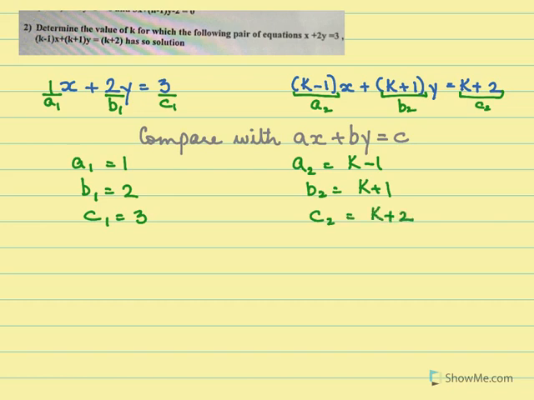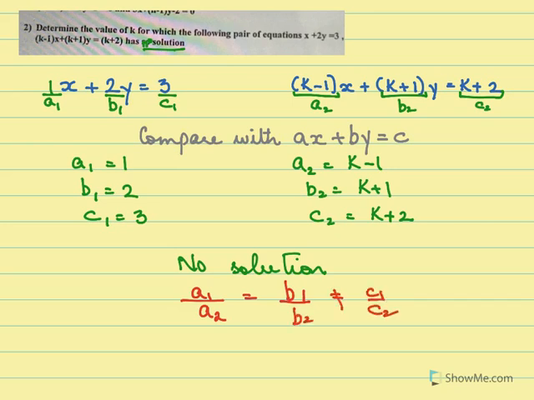The condition is that there are no solutions. I think they just may have made a mistake, so I think it is no solutions. So for no solutions, we know our condition is a1 over a2 equals b1 over b2 not equal to c1 over c2.